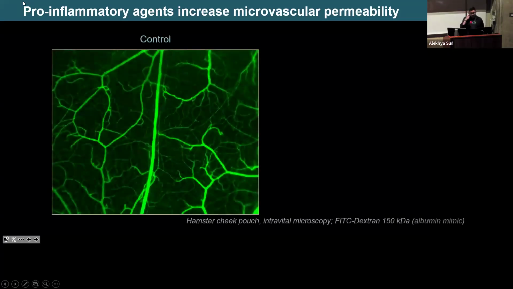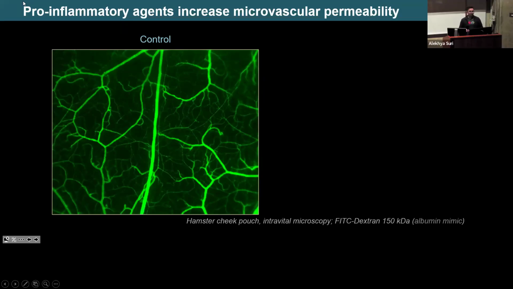So this picture shows the microcirculation in the cheek pouch of a hamster. Tiny little things that fill up their cheek pouches with stuff. The cheek pouch is a really great experimental model for all of this because it's easily accessible, and then you put all of these things under the microscope and you get this.